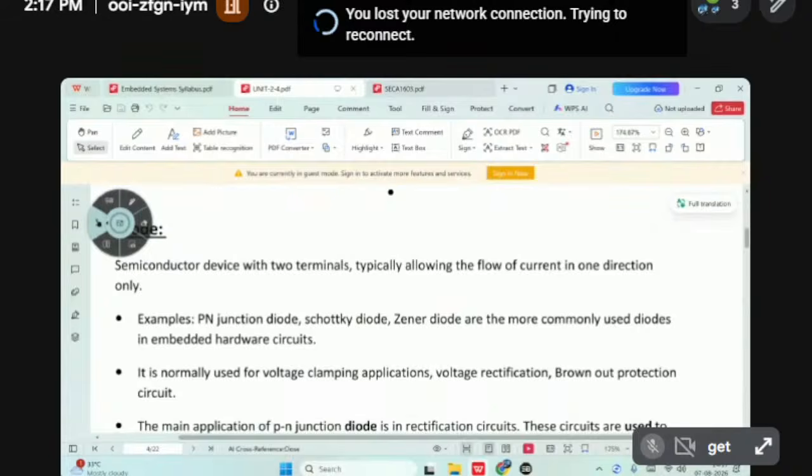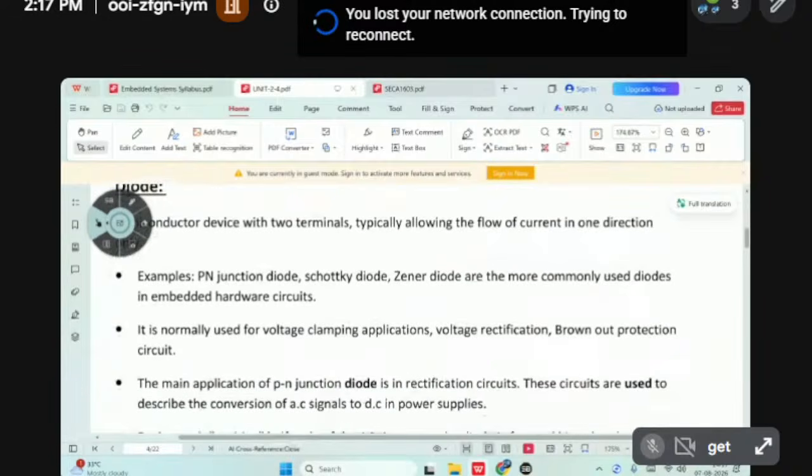With the help of these diodes, I can perform the clamping operations, right? For the clamper operations, I can use this type of GNR diode. Whenever we have a high voltage, to know how much voltage we have, I can use the word voltage rectification.